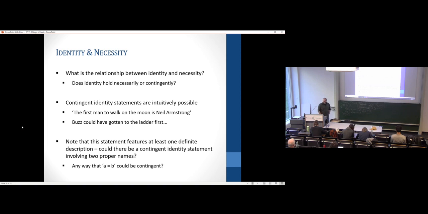Now, the place to start is, it seems really plausible that identity statements are merely contingent. So just take the first man to walk on the moon is Neil Armstrong. This is an identity claim. It relates a definite description, the first man to walk on the moon, and a proper name. It says they're identical.